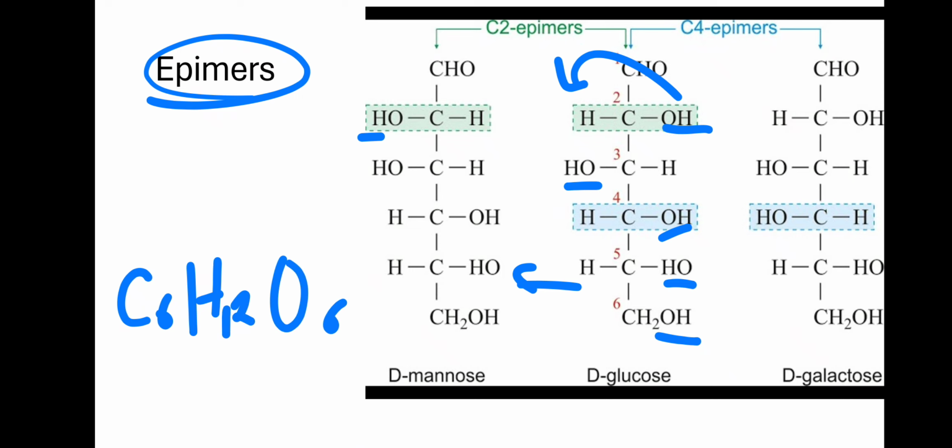Okay, so here we can say that glucose and mannose differ at carbon 2. Now compare glucose with galactose. What is the difference? All right, so this is going to be at carbon 4. So in summary, glucose, being the original hexose, is an epimer with mannose at C2, and it is also an epimer with galactose at C4.